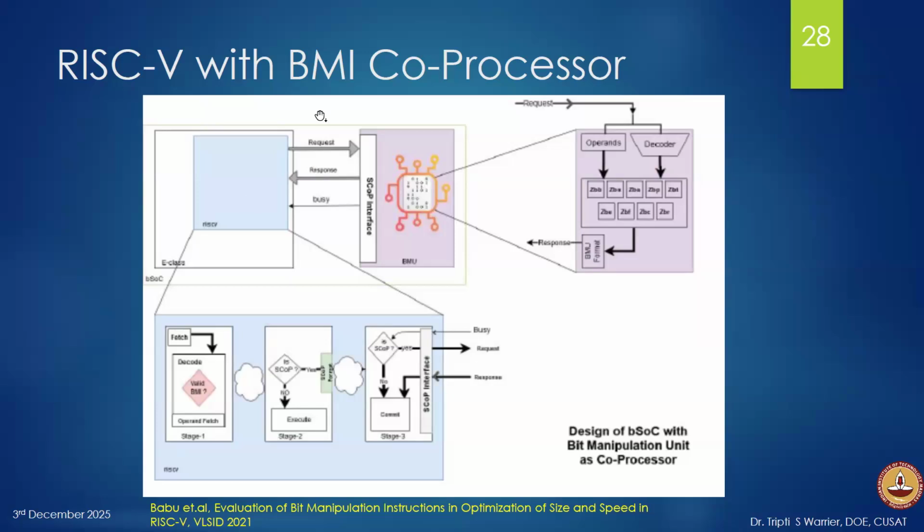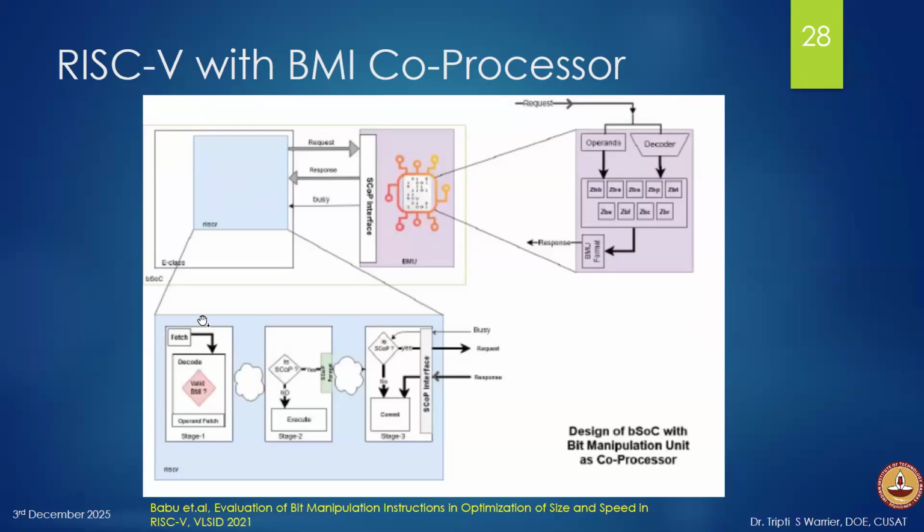Because it is a coprocessor, we have to have a different interface where communication between the pipeline and the bit manipulation hardware should happen. For that, an interface called the SCOPE interface was used here.